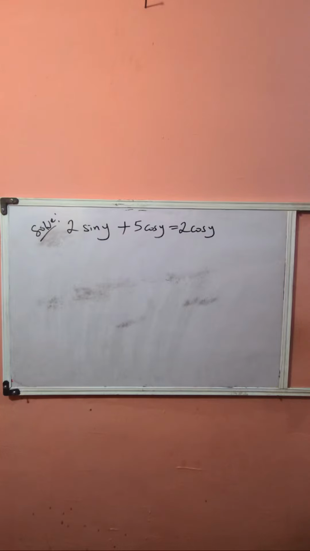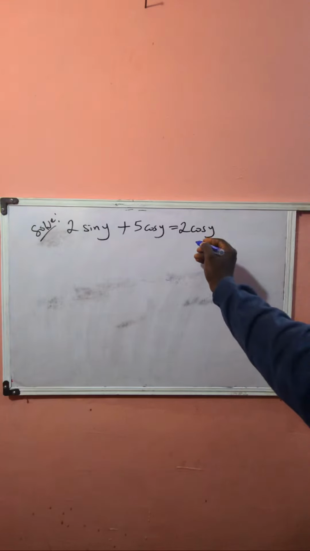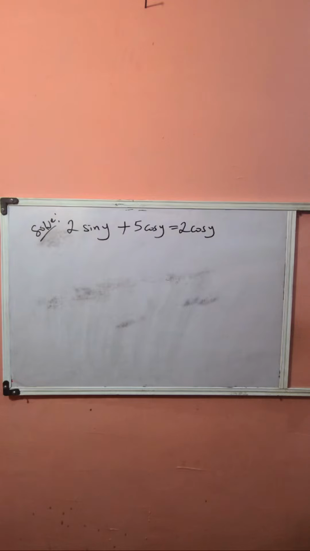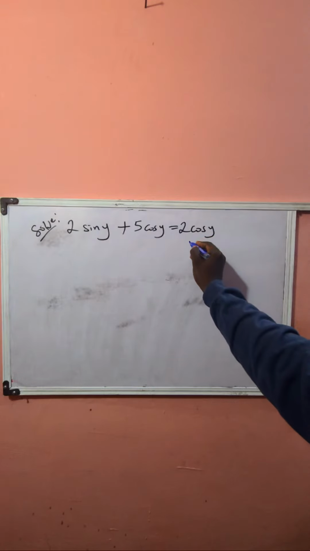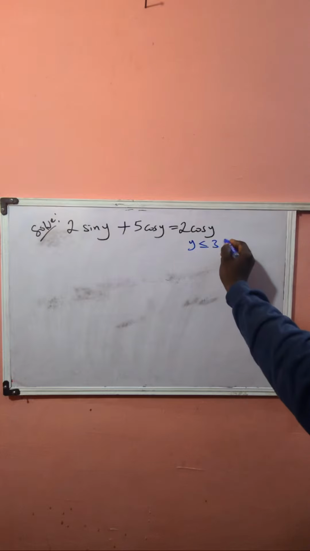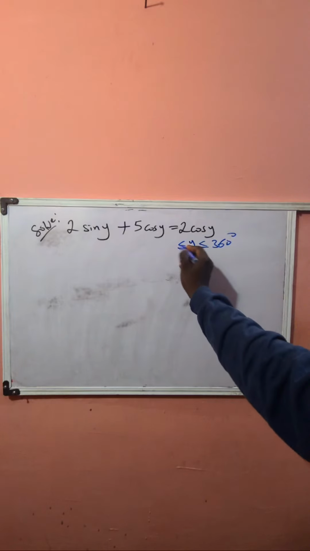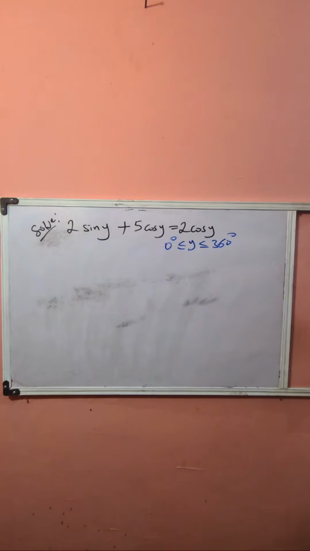Probably one of the simplest questions you would ever meet under trigonometry. And don't forget, the value for y here is given to be between 0 and 360. So how do we go on to resolve this? This is a very simple question.